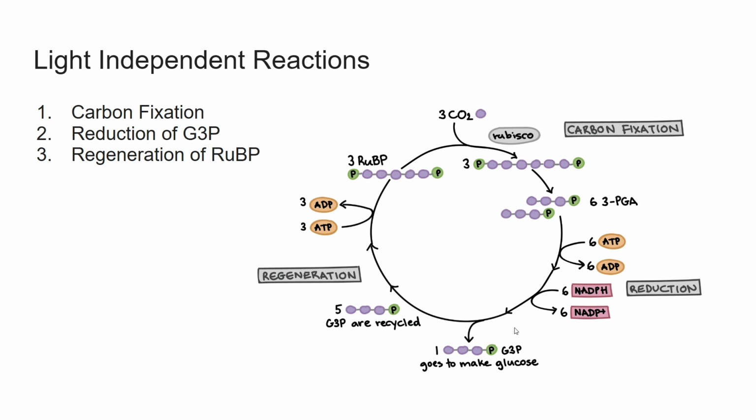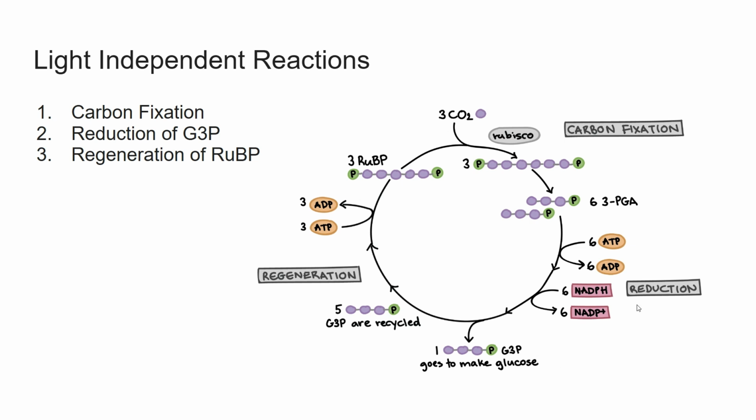And it gets converted into 6 G3P. So this G3P gets reduced further into TP, and TP goes off to make glucose, right?